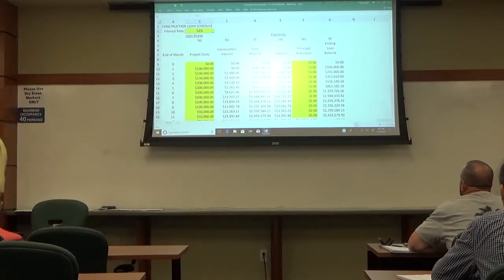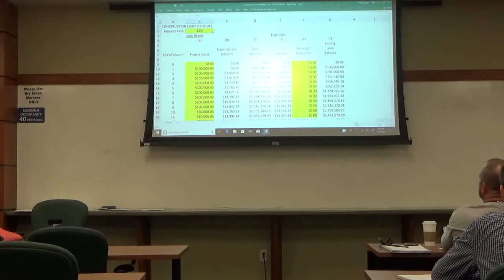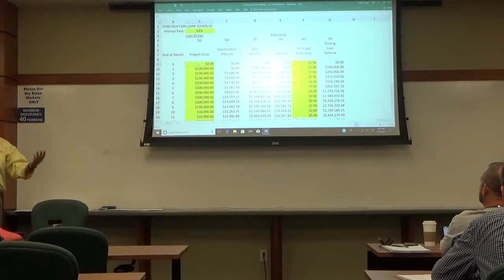So for this particular loan, the way that I've got it set up is the disbursements take place at the end of each month. Okay, now here time period 0, the end of month 0 would be the same as what? The beginning of month 1. Okay, does that make sense?